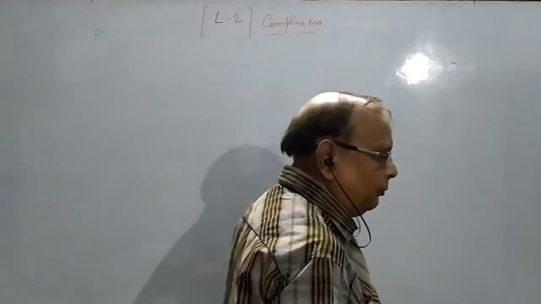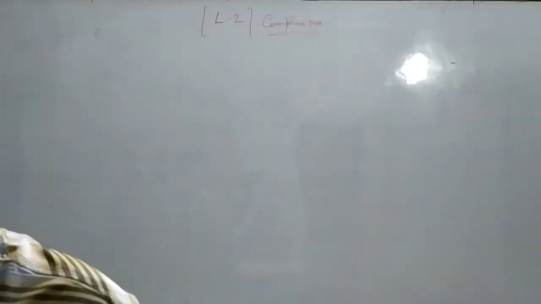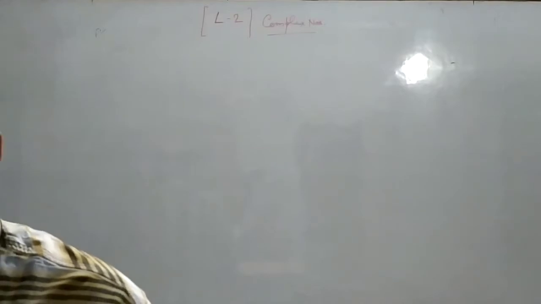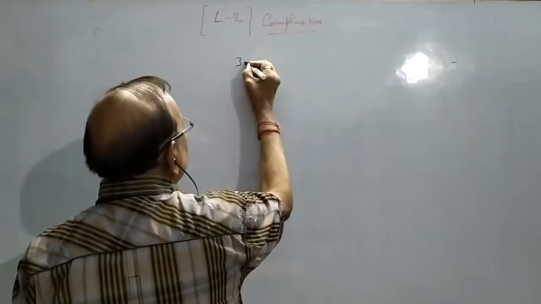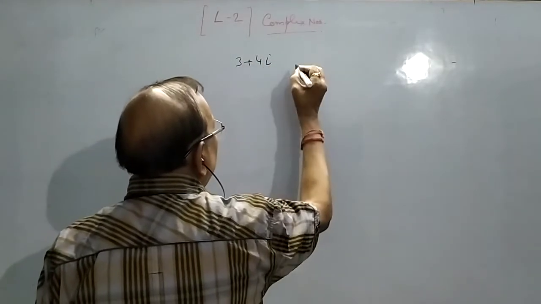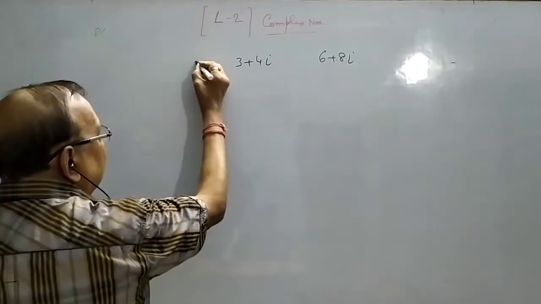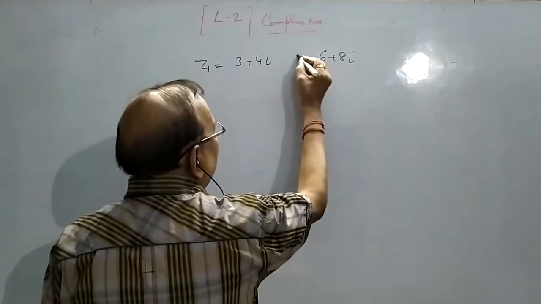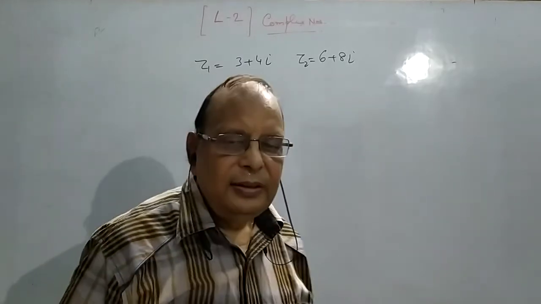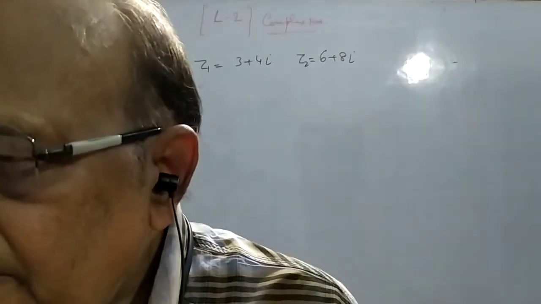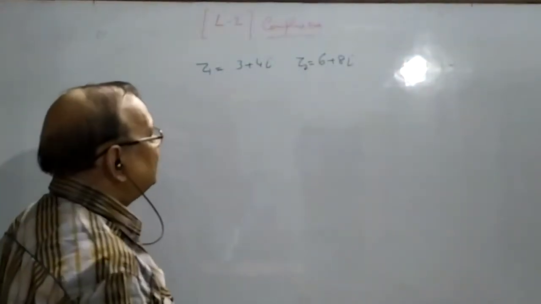Now, remember that equality may stand, but inequality in complex numbers does not stand. That means if there are two complex numbers, 3 plus 4i and 6 plus 8i, say z1 is equal to 3 plus 4i and z2 is 6 plus 8i, neither is z1 greater than z2, nor is z2 greater than z1.